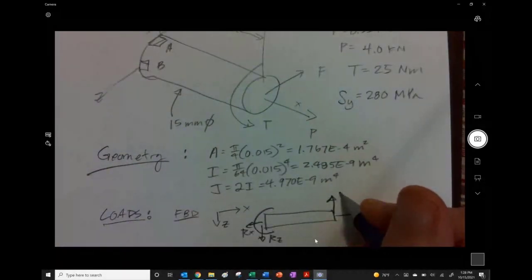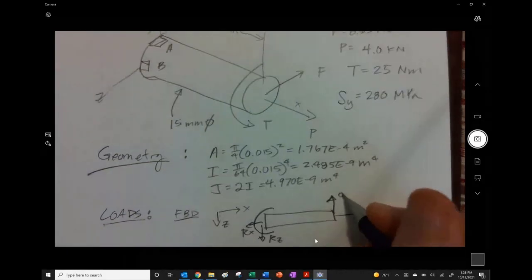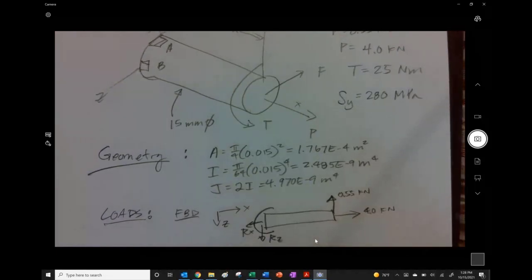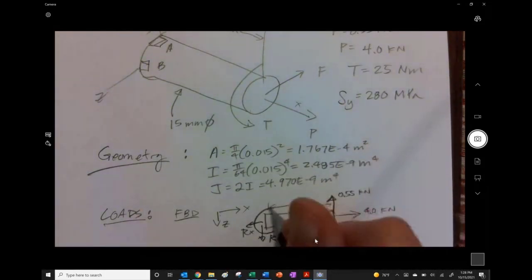What is this? This is the F of 0.55 kilonewtons right there. And here's our 4 kilonewtons right there. And this thing's 100 millimeters. So that's going counterclockwise.